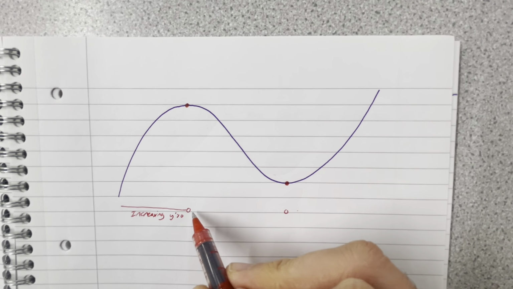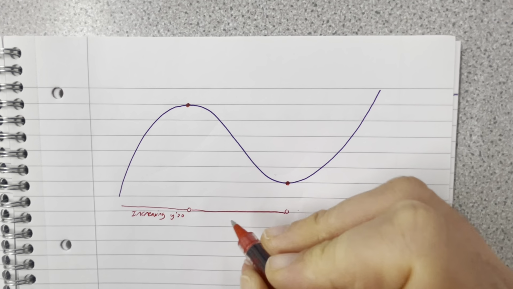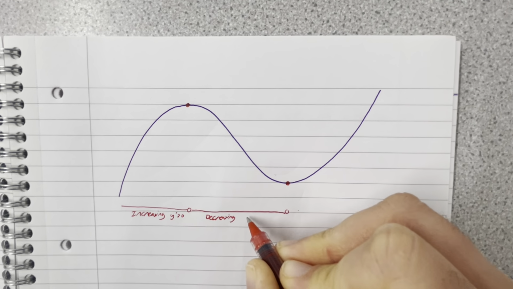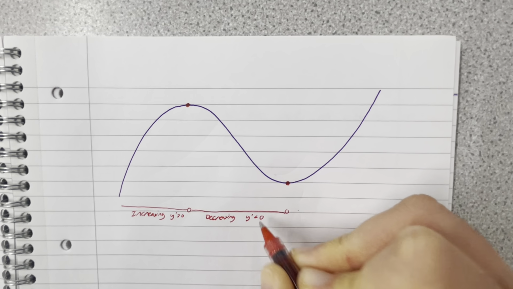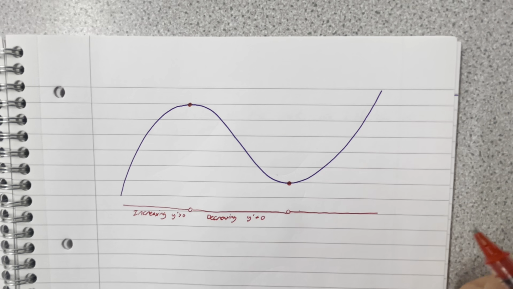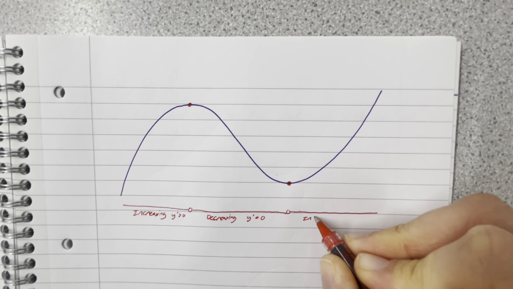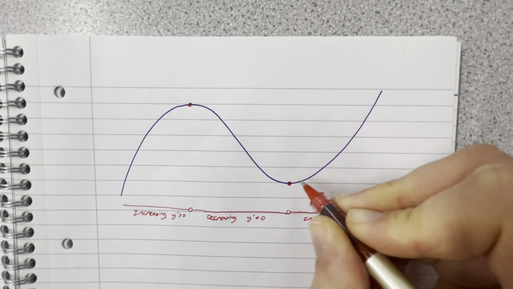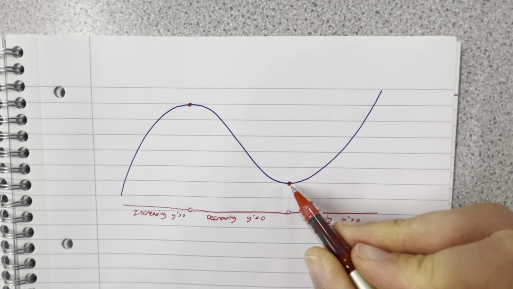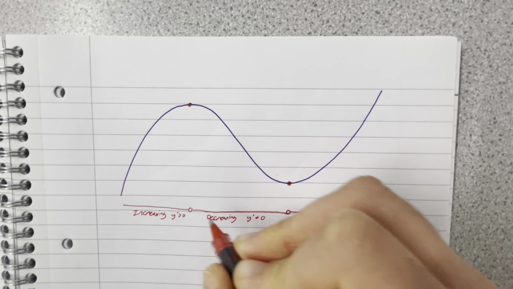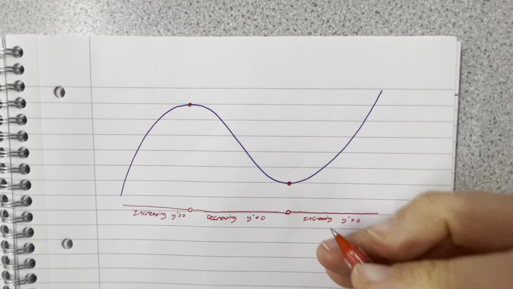Between these 2 points, we say it's a decreasing function. That is, the gradient is negative because it's going down. And then to the right, we say it's an increasing function again, because y primed is positive, the gradient is positive. Okay. At those 2 points, y primed is 0, which is why I've put hollow in there, because it's not included in these ranges.